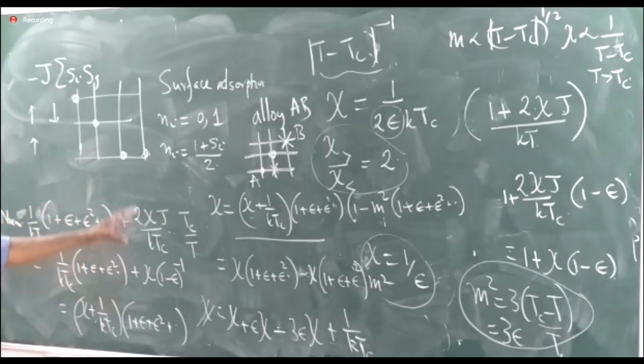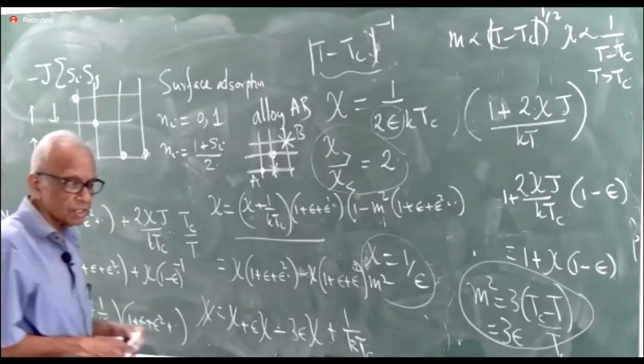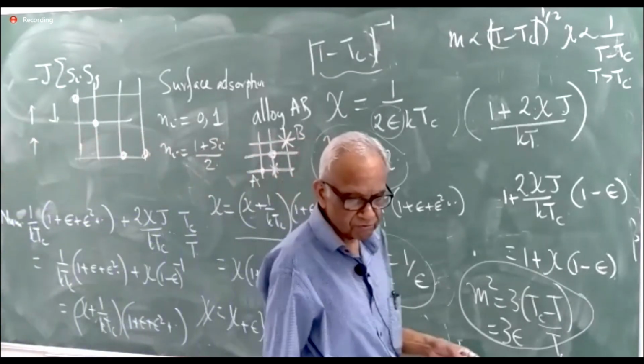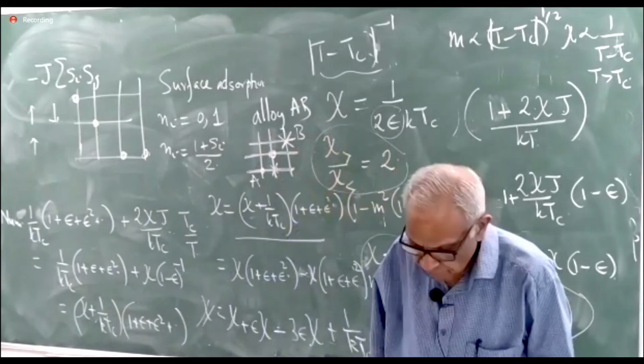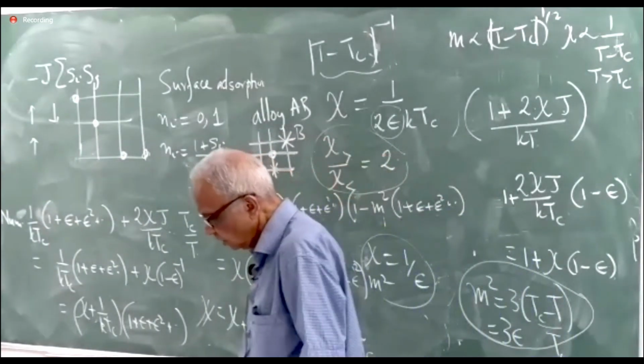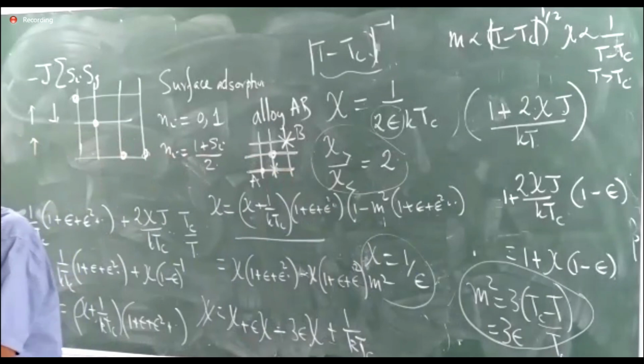All of them will have the same kind of critical behavior and so on and so forth. So this is the mean field critical behavior, and the mean field was essentially, when we started out with this Ising magnet, very clearly showing what the mean field is.